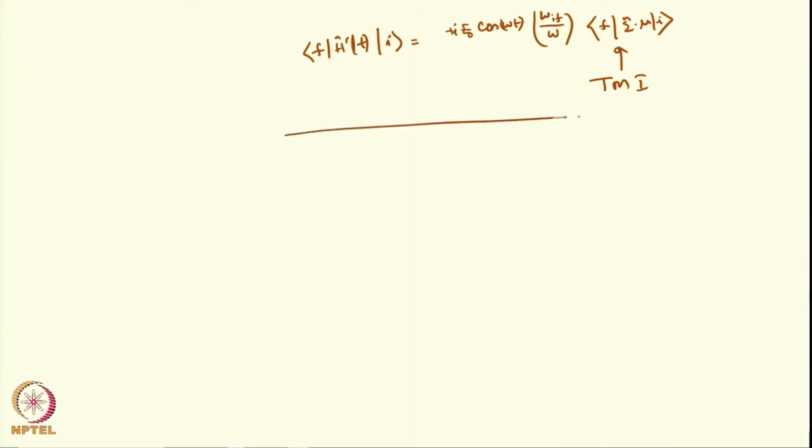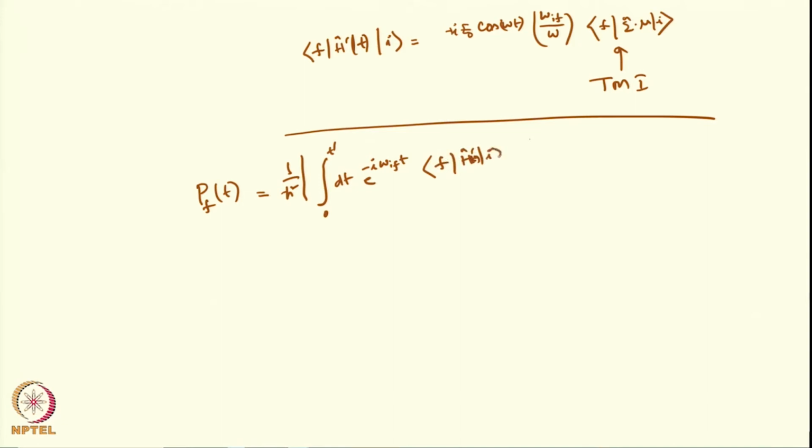Now this is just a transition, but your transition probability P f of t is given by 1 by h bar square, integral of 0 to t prime dt e to the power of minus i omega i f t, integral f H prime of t i, whole square. But now we have evaluated this integral as this.